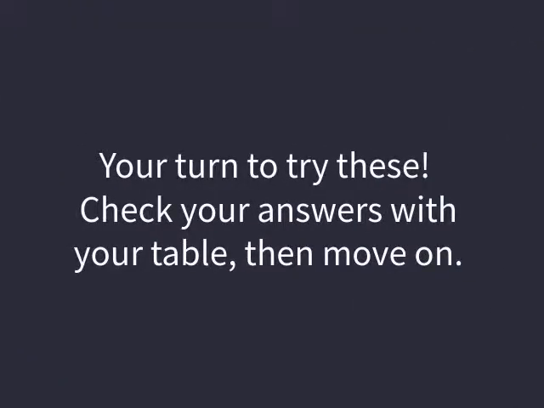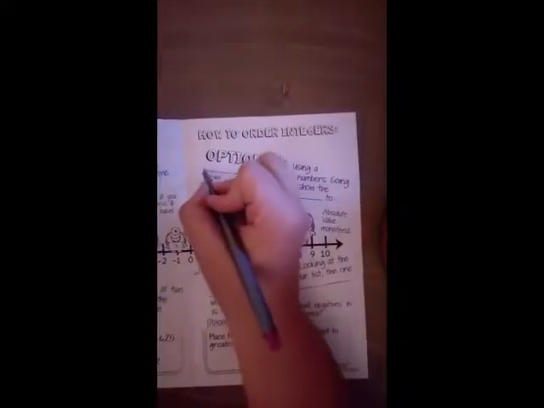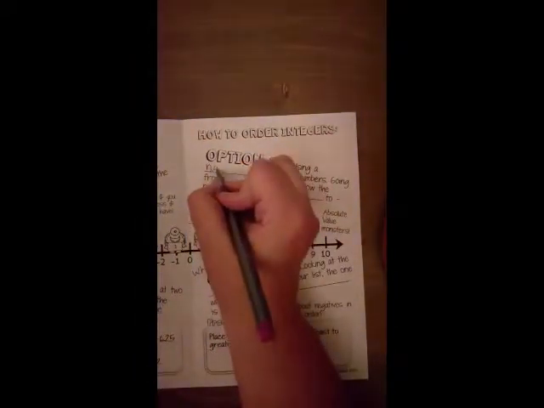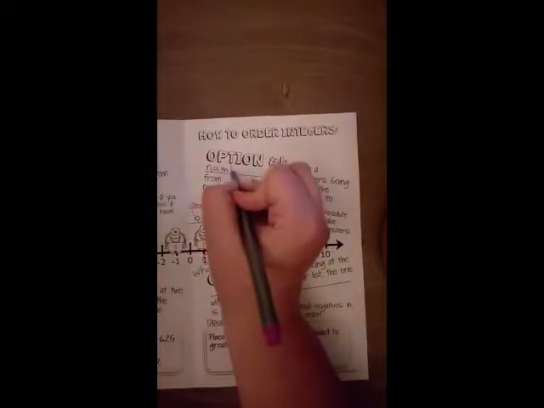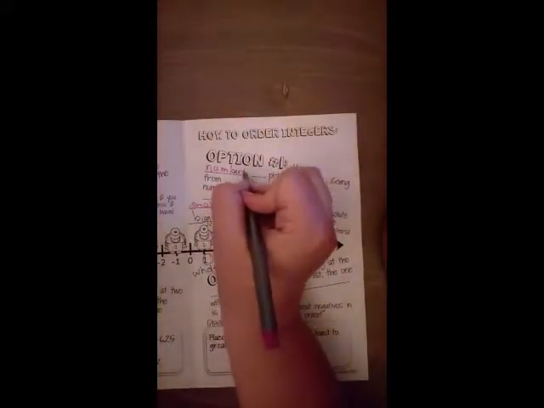All right, how to order integers. Well, ordering integers, we're just using pretty much the same thing we just did, where we're going to use a number line. And we're going to plot the numbers.